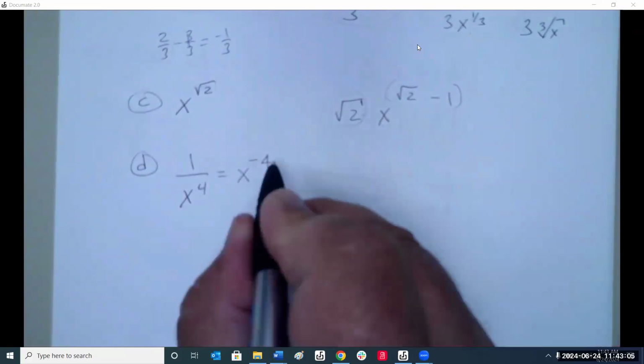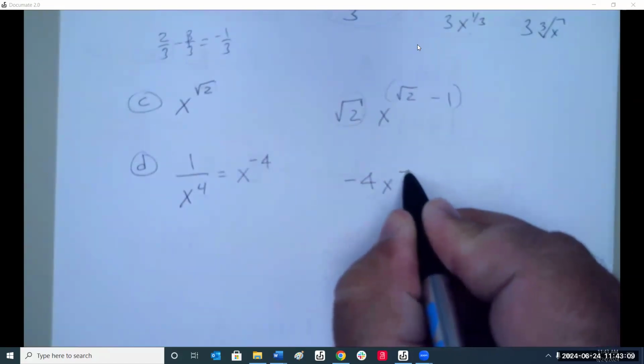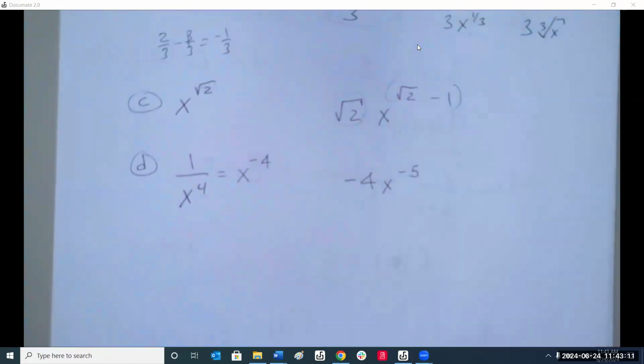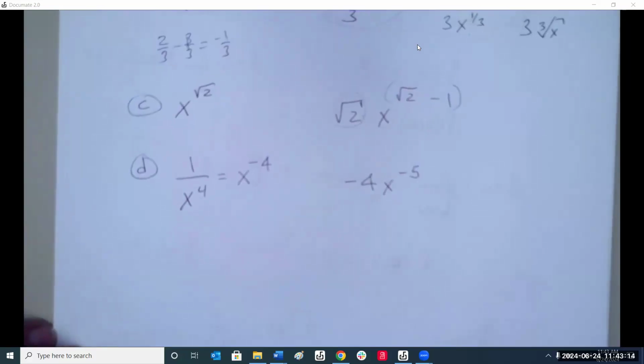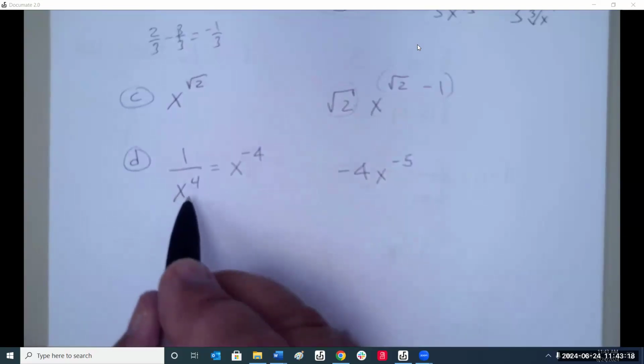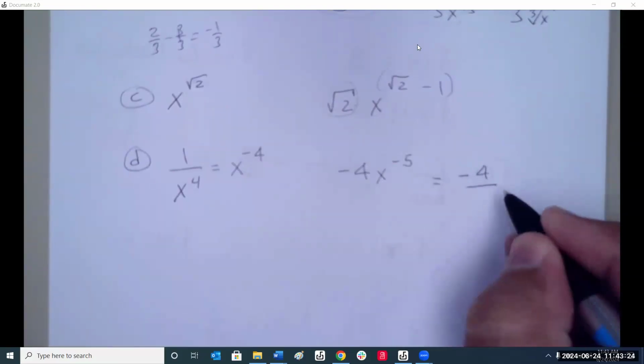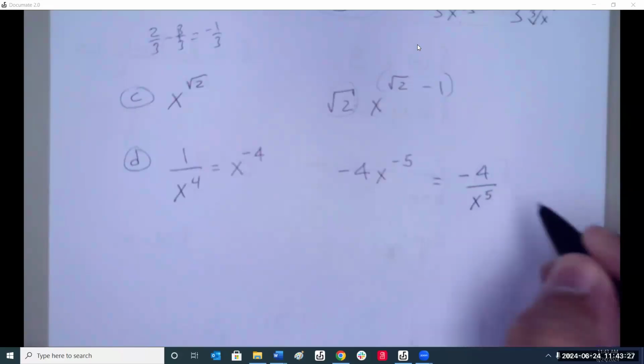So now we can take the derivative of it. And since our original equation only had positive exponents, then our final answer would be that.